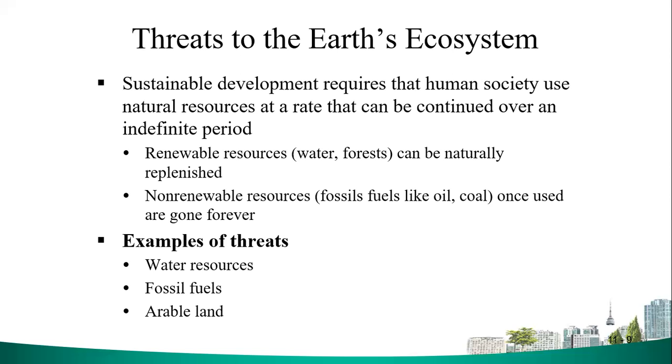Examples are the water resources, fossil fuels and arable land. जमीन को प्रोटेक्ट करना है, ये सॉइल पोल्यूशन जो है इसको खत्म करना है. Try to avoid using plastics. Plastics are the main cause of the damage towards your arable land. Okay ji, try to dump the products that are perishable in your own home.